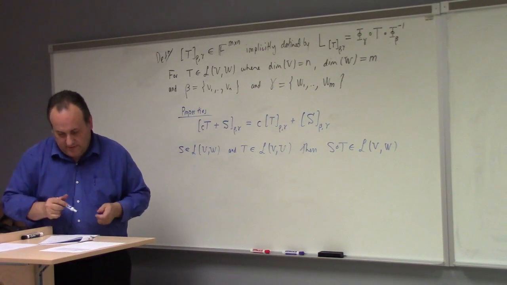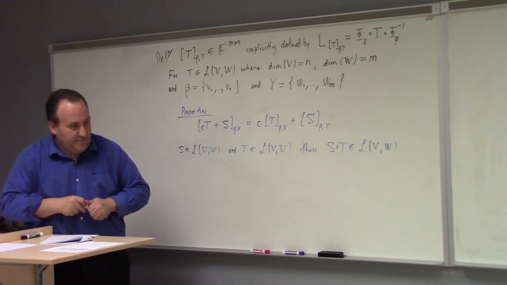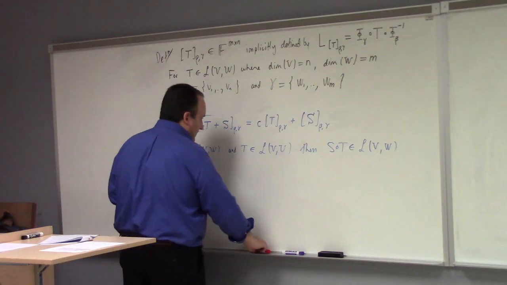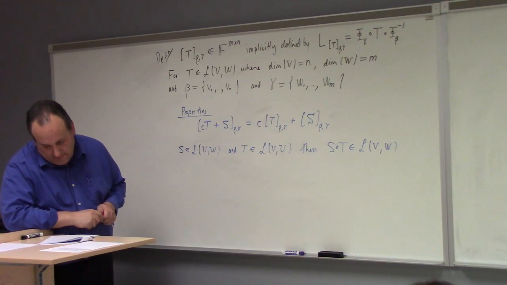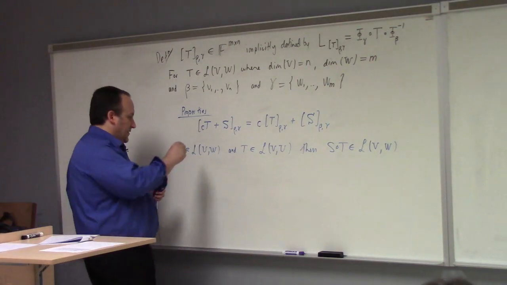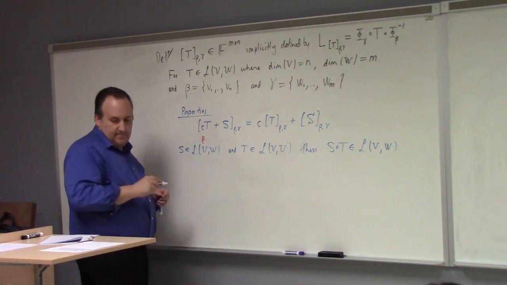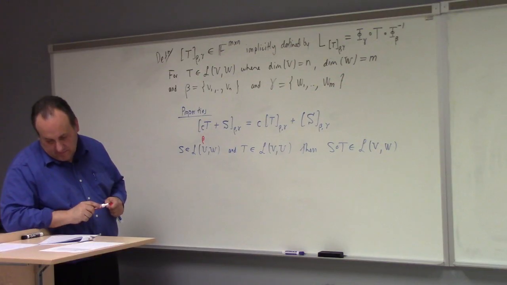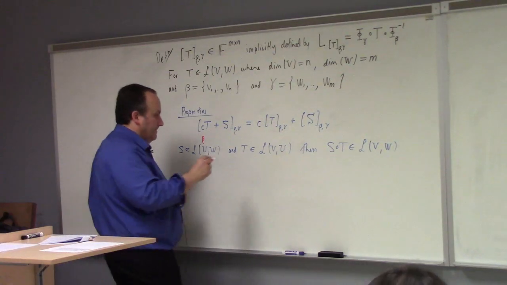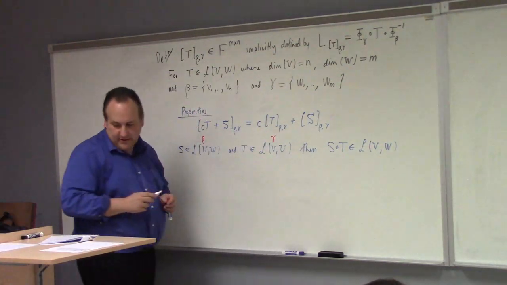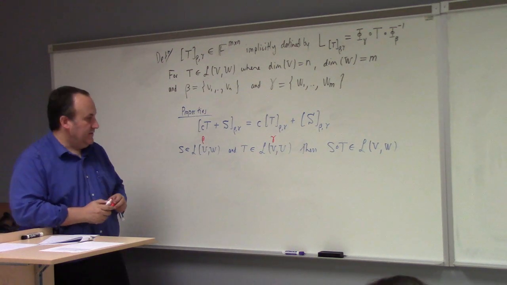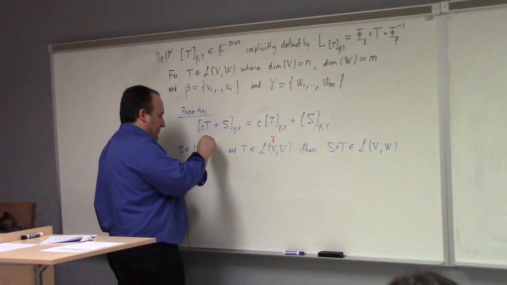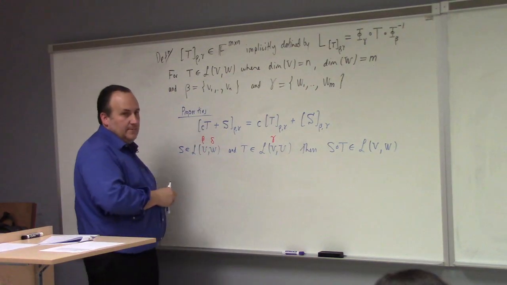So just to set some notation here, I'm trying to keep the notation the same as my notes. I had basis beta for U at the moment, basis gamma for V, and basis delta for W. So this does not comport with my earlier statement, obviously, right?